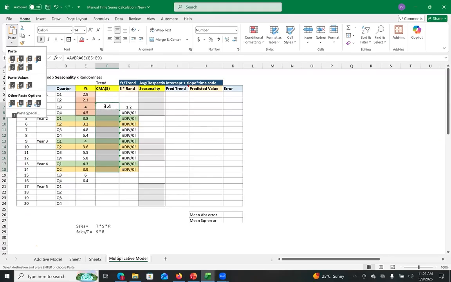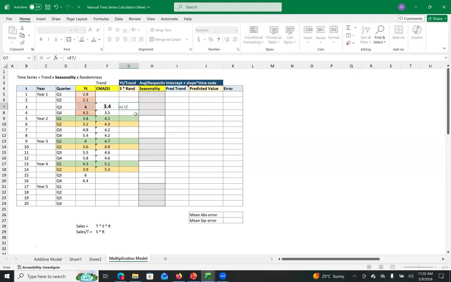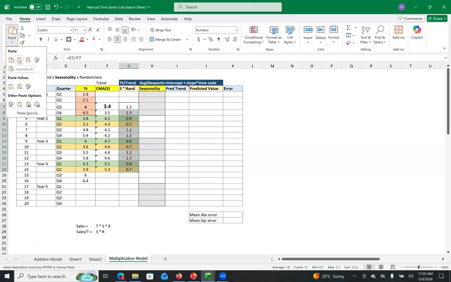Whenever I don't want to change the format of the rest of the line, I just do Control C, select this area, and Alt H V F. Then I selected this actual value divided by trend, Control C, Alt H V F. Or the other way is you can go to the paste option, and even here there is the option of pasting the formulas. Okay. Thank you. Sure, no problem.